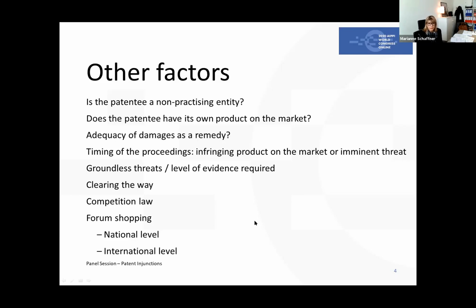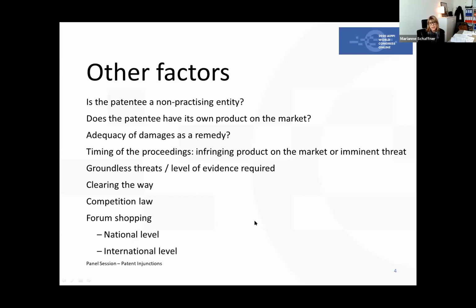And more recently, in the IPCOM case at the beginning of 2020, the injunction was not granted because it was decided that the impact on the market would be too high and too strong, and because the patent was just about to expire.